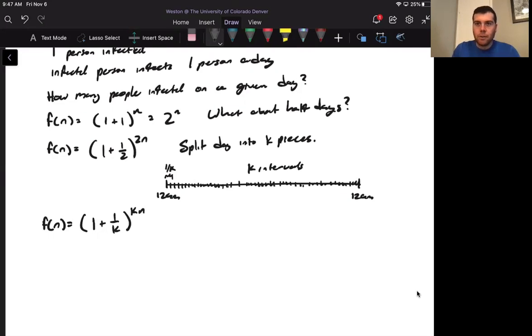It's pretty unlikely that you get it in any one interval, but across the whole day, you're guaranteed to get someone. And the reason we want to do this is that if we infect someone early here, then they're infected, and it's like we already have 2 people infected at this period of time. So our model adjusts for that possibility that someone else got infected.